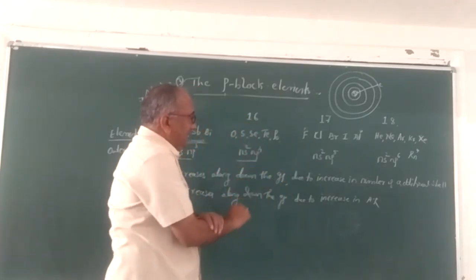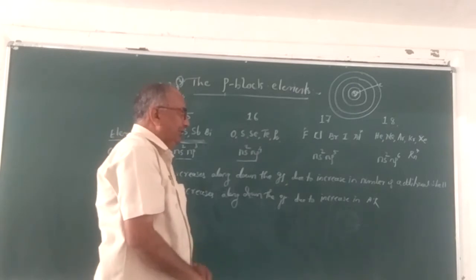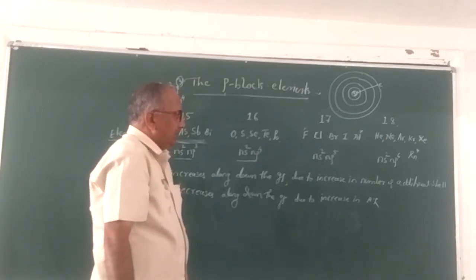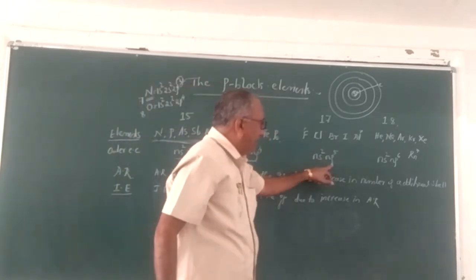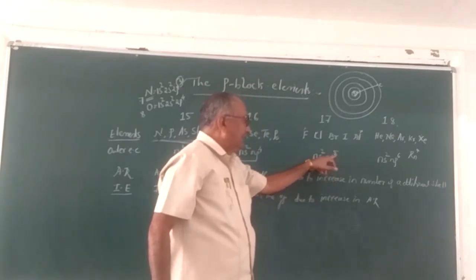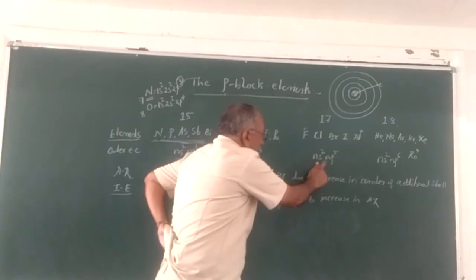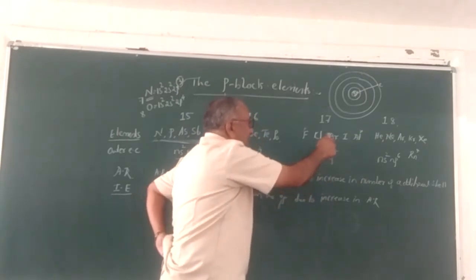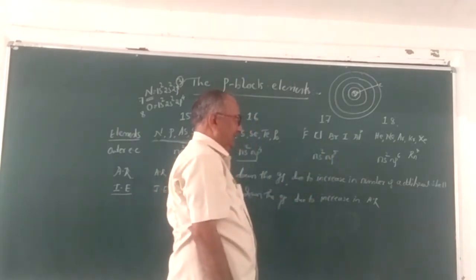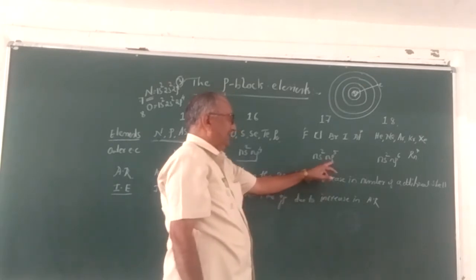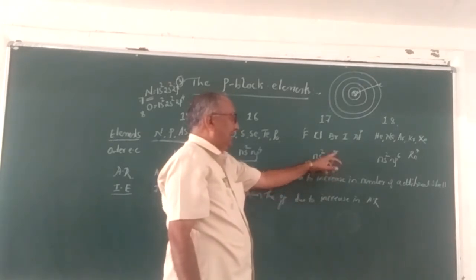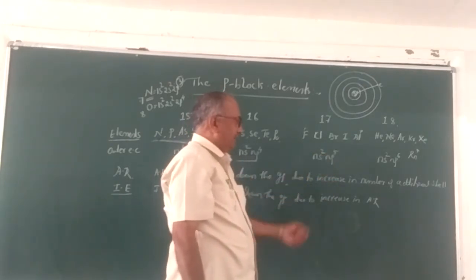When you observe the 17th group elements, to complete the p orbital they require only one electron. Therefore, the tendency to lose an electron from the p orbital is less, because there are 5 electrons.